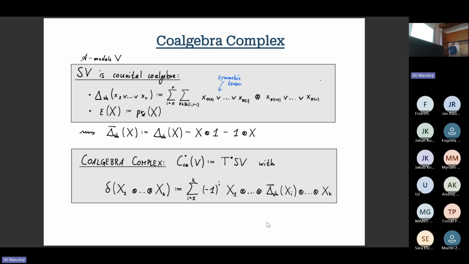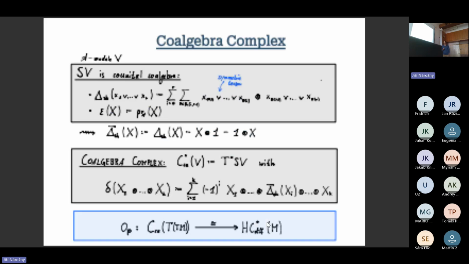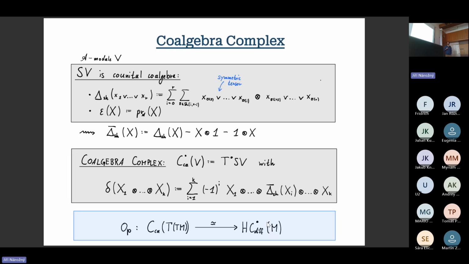Essentially, we just apply the reduced shuffle coproduct to all of the tensor factors, and we do it in such a way that we have the usual Leibniz formula. So we just extend our reduced shuffle coproduct as a graded derivation to the tensor algebra. This becomes a differential, and magic, in the end, it is really the correct differential that corresponds under our isomorphism from the symbol calculus to the Hochschild differential on the right-hand side.